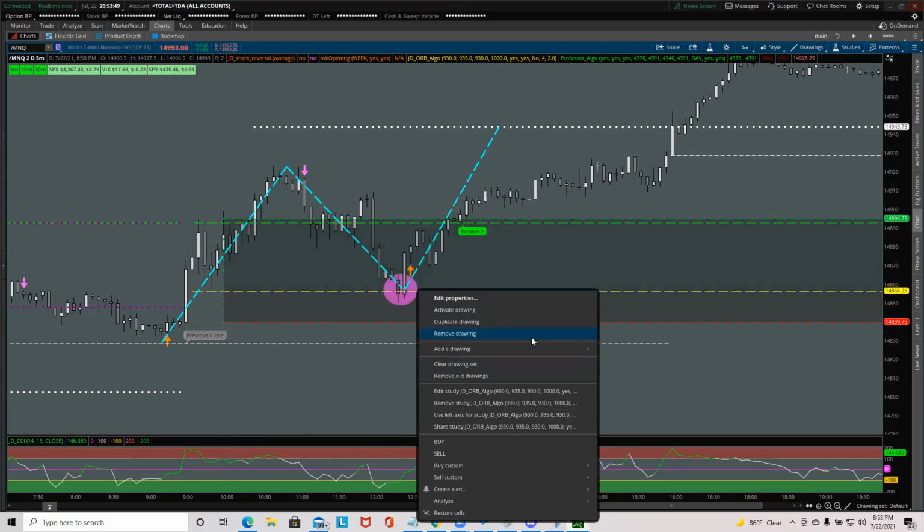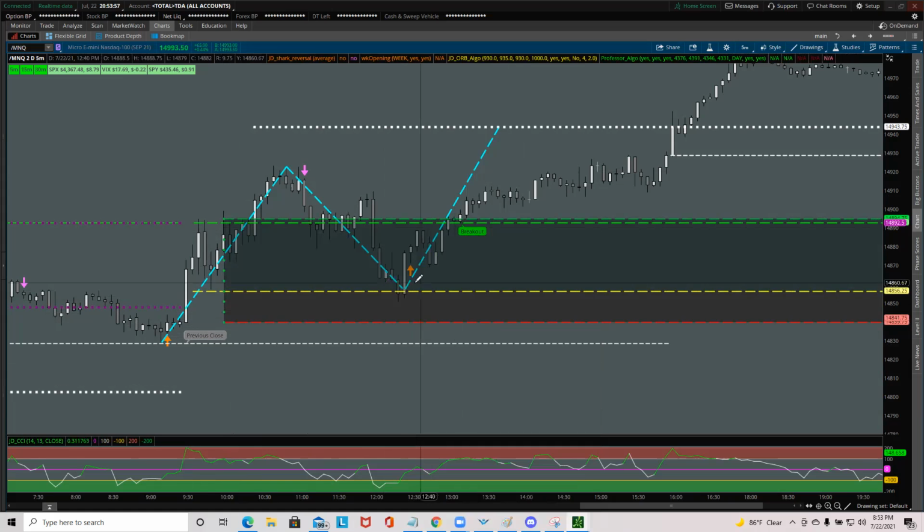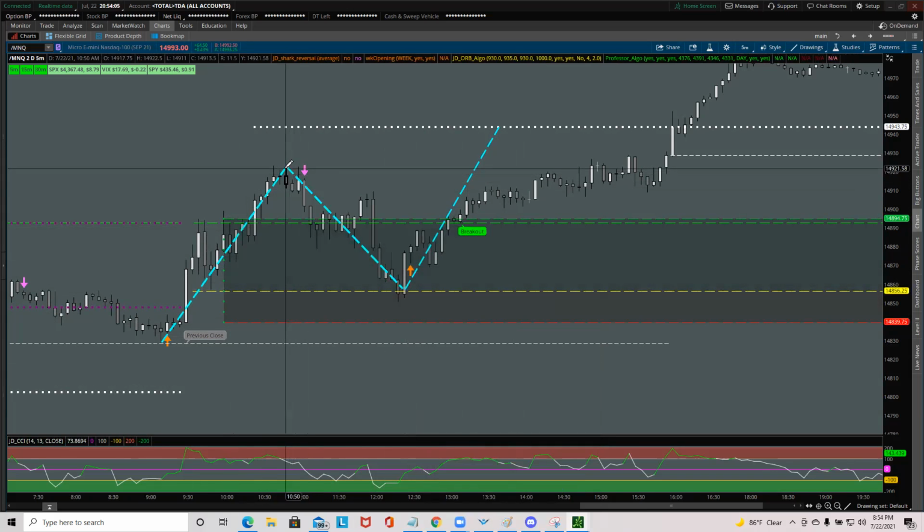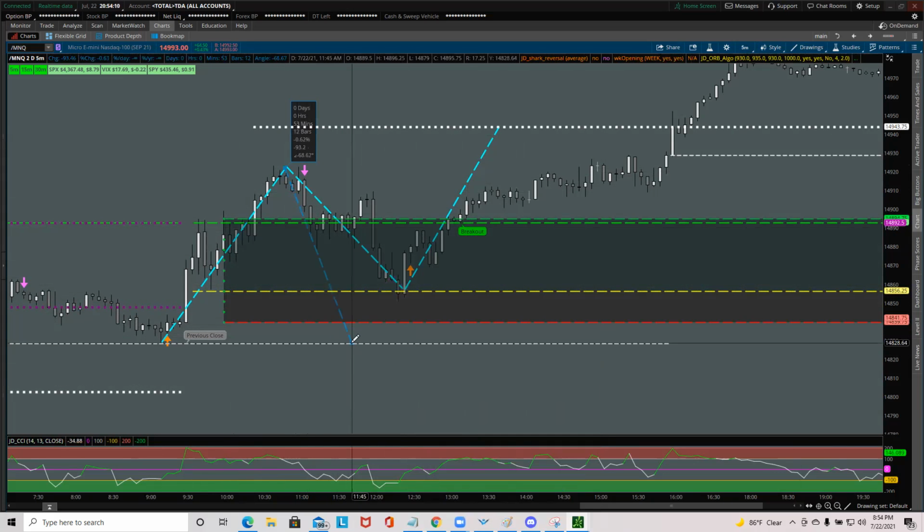I don't want to take a lot of time on this, but I do owe you an explanation. The aggressive trade would have been if the price came down here to the previous close, went back up, retested this, and then went.